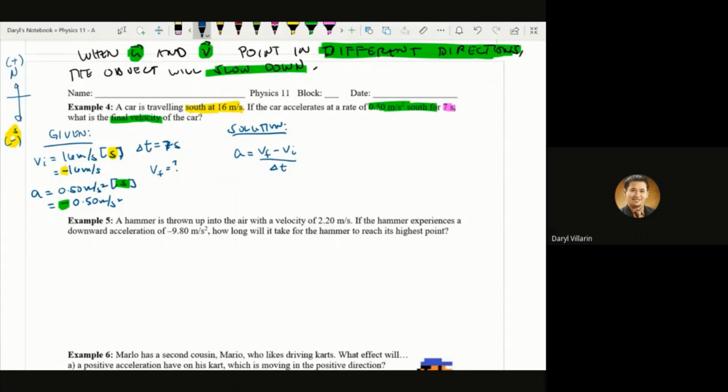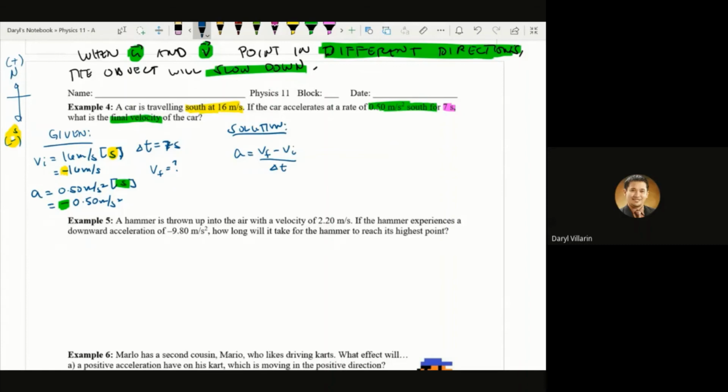But if not, you can just substitute and then solve. Just make sure that you are using the correct signs here, so that you'll get the correct sign for your final answer.